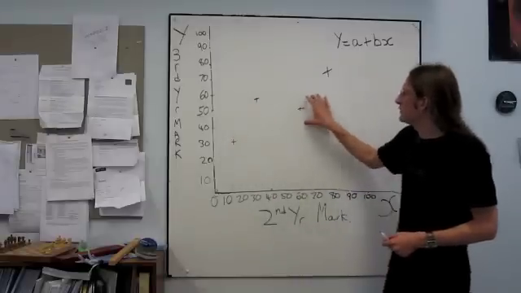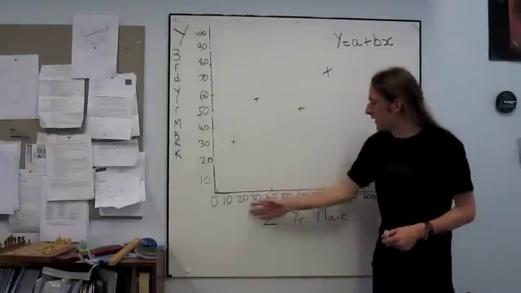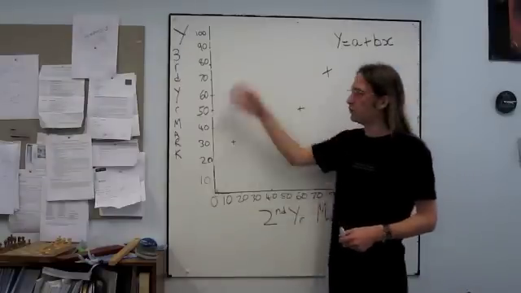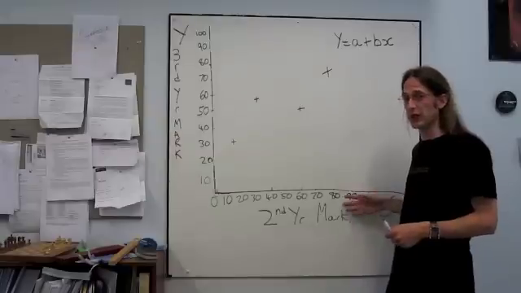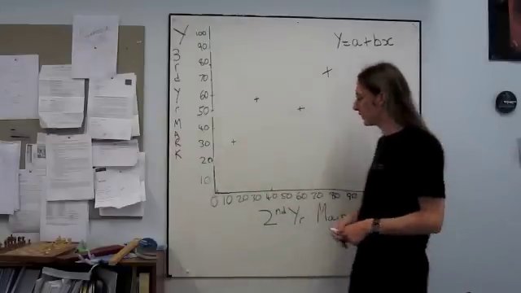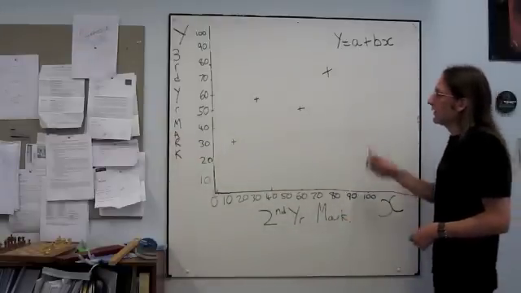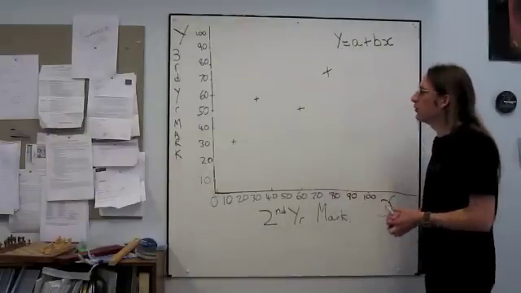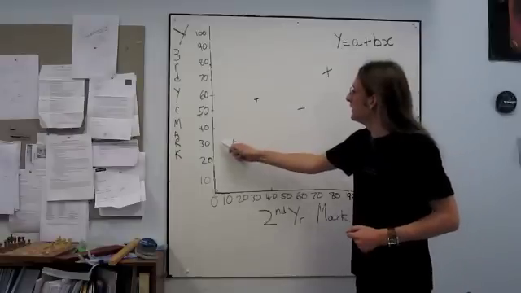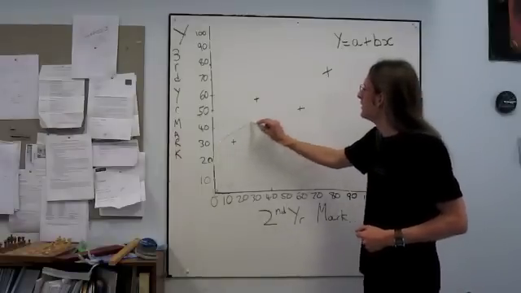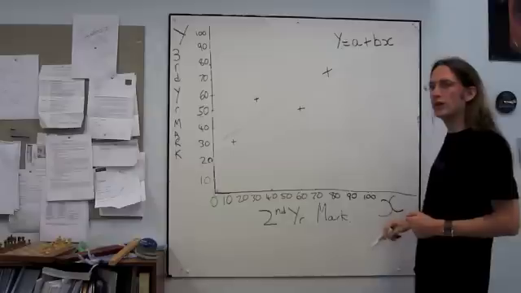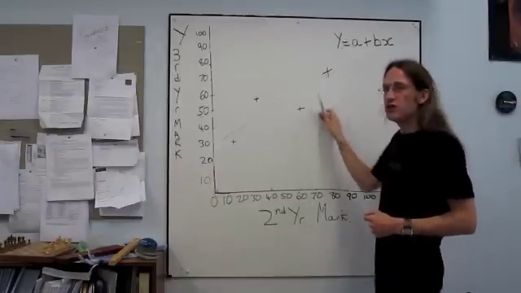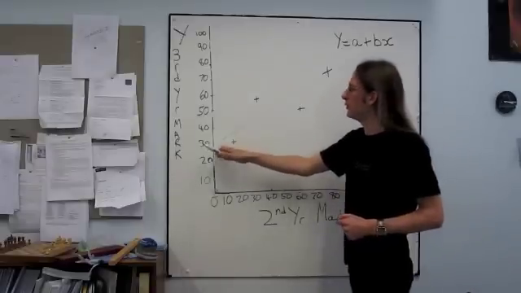So these are telling us from our sample something about the relationship between our x value and our y value, something about the relationship between the second year mark and the third year mark. What linear regression is going to do for me is fit a line to this data, a line that describes the relationship between these two variables.